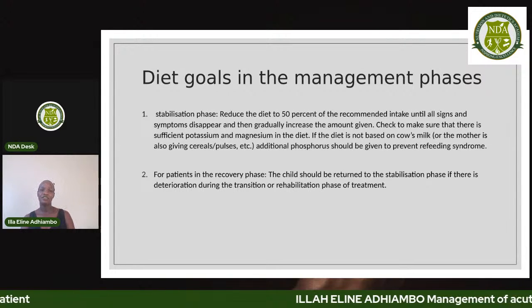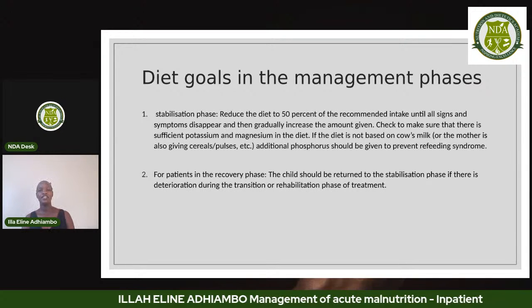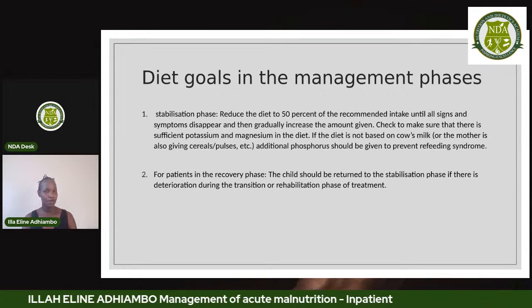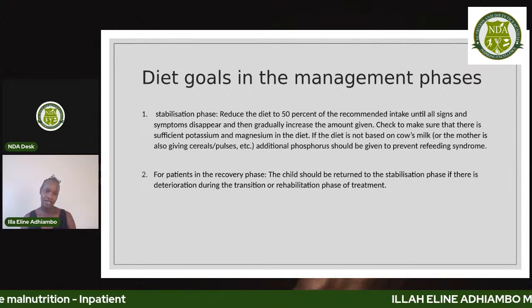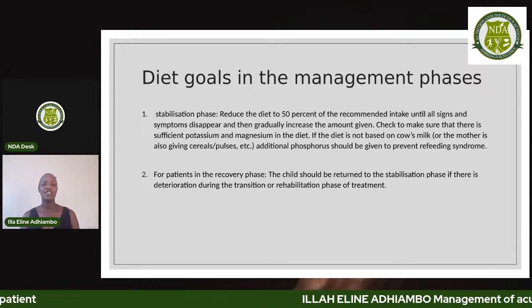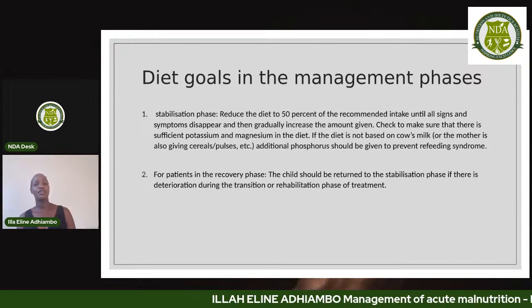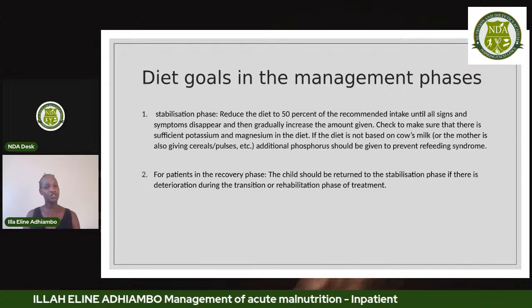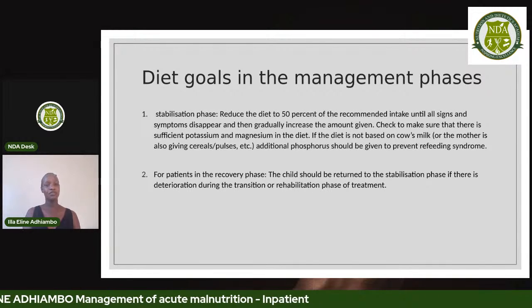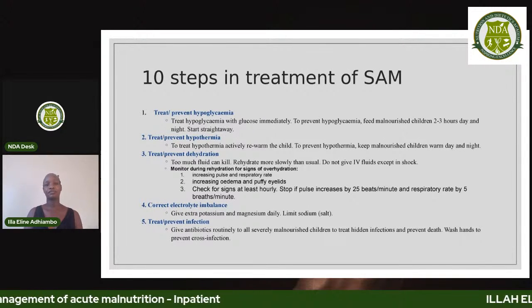Check to make sure there is sufficient potassium and magnesium in the diet. If the diet is not based on cow's milk, you add additional phosphorus to prevent refeeding syndrome. For patients in the recovery phase, the child should be returned to the stabilization phase if there is deterioration during the transition to the rehabilitation phase of treatment.